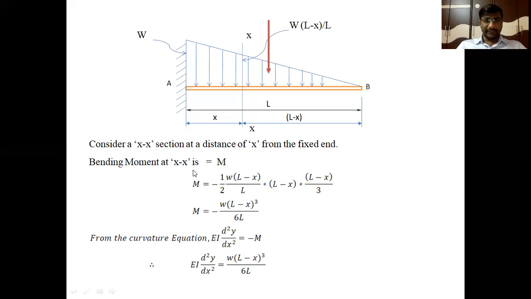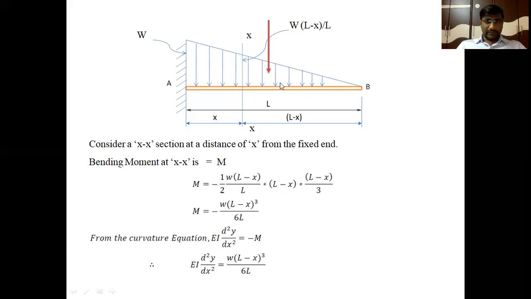So the bending moment at XX is M. We are going to find the bending moment at this XX. What is bending moment? Bending moment at a certain point is equal to the moments developed by all the forces on the right side of the section.